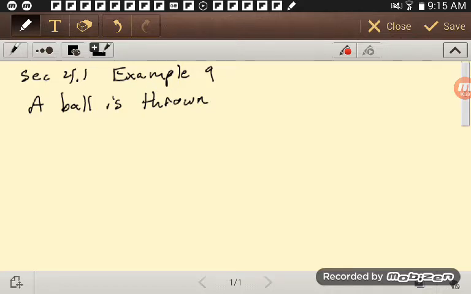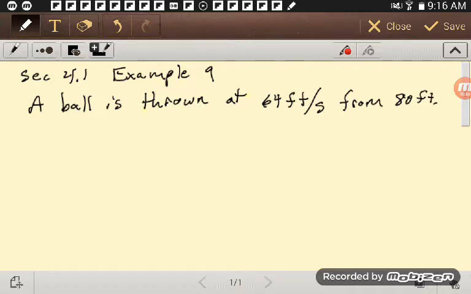Yeah, thrown upward with an initial velocity of 64 feet per second from 80 feet, a height of 80 feet. And they want us to find the position function.